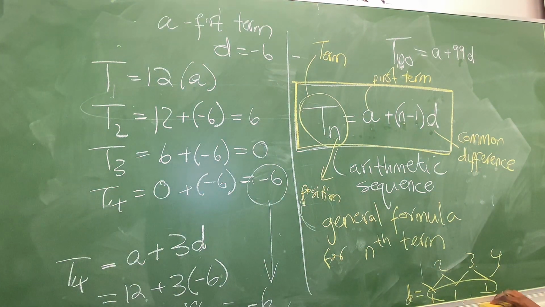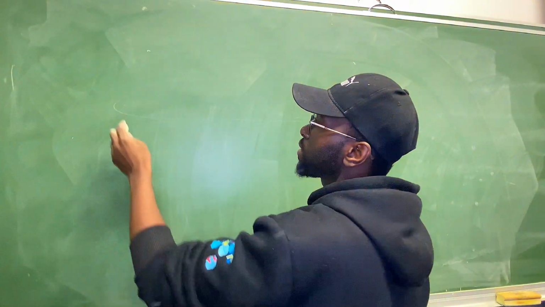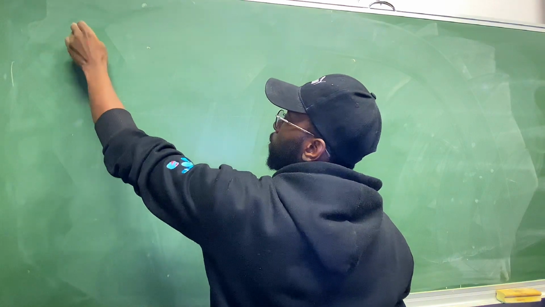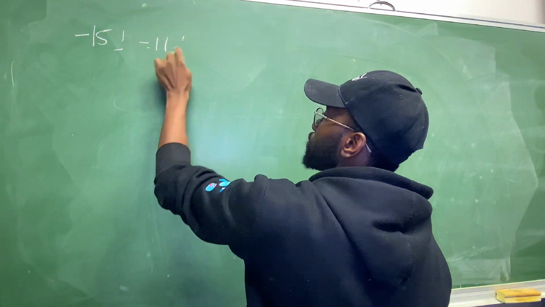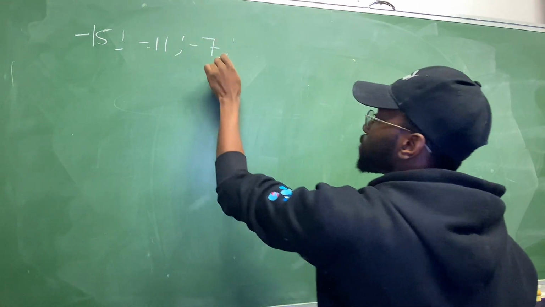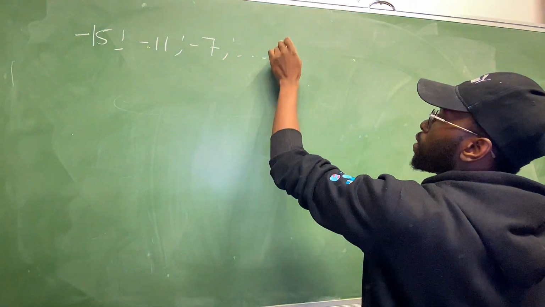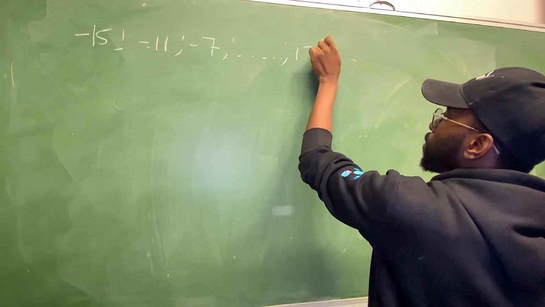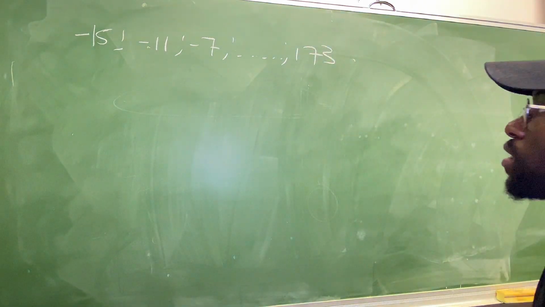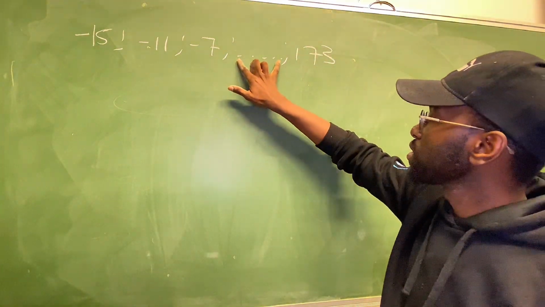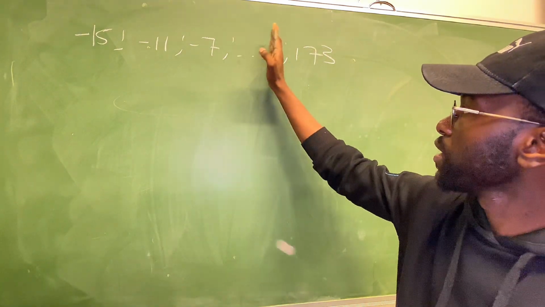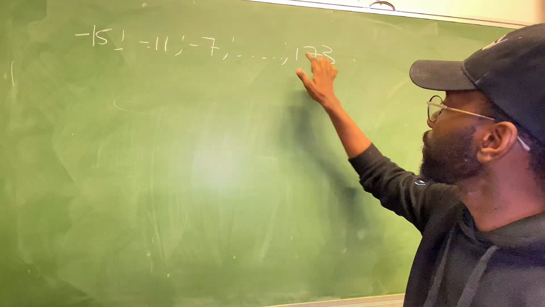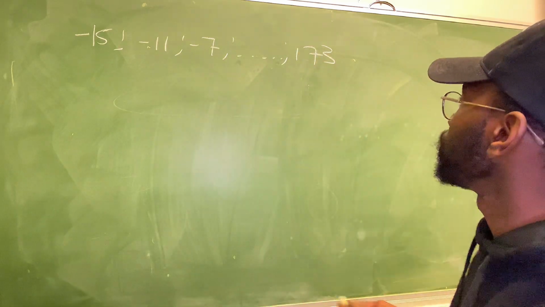Now let's take an example. Let's say we are given minus 15, minus 11, minus 7, up to 173. Now you will see this a lot to show you that there are terms that it continue all the way until this value.